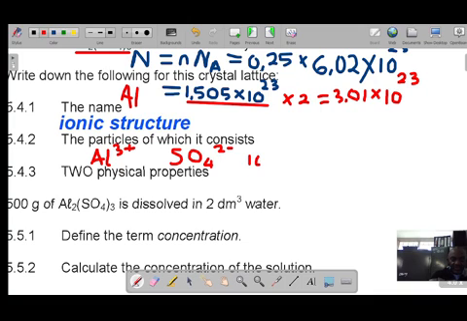So these are the ions which we have in this crystal lattice.